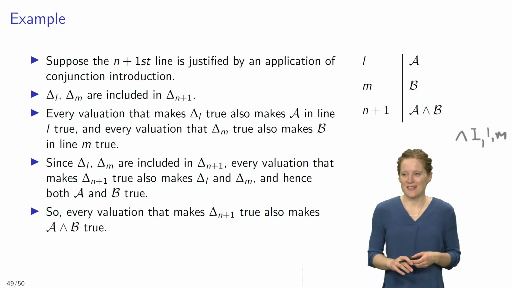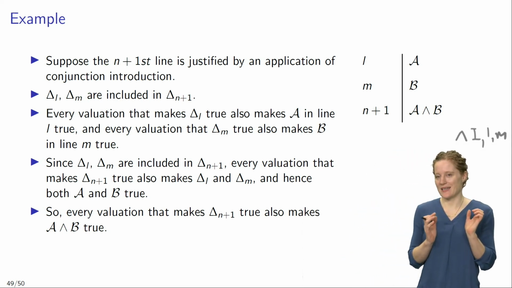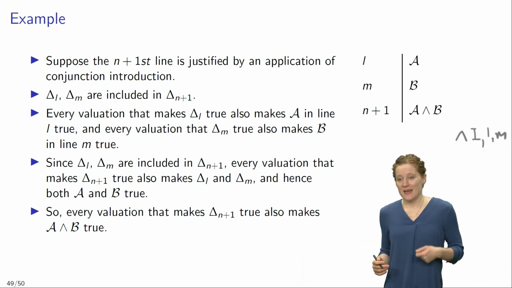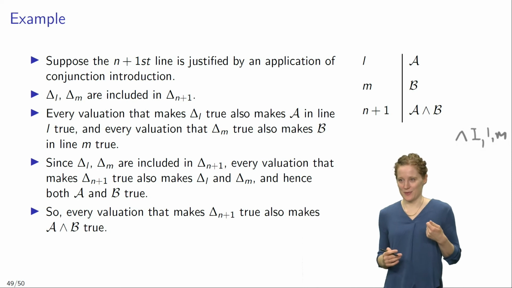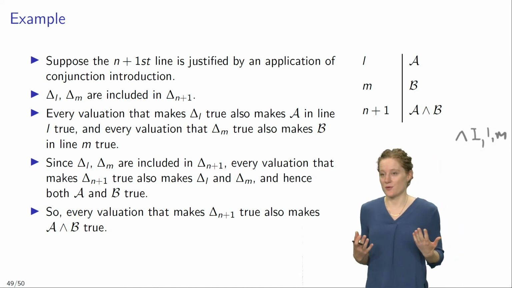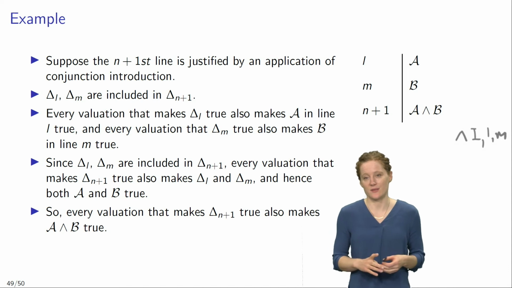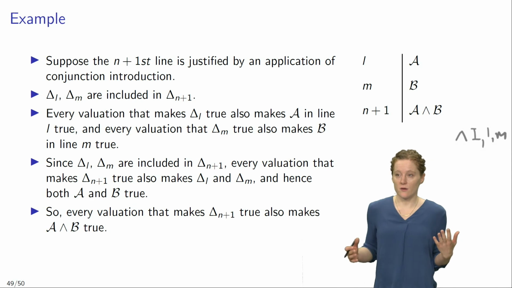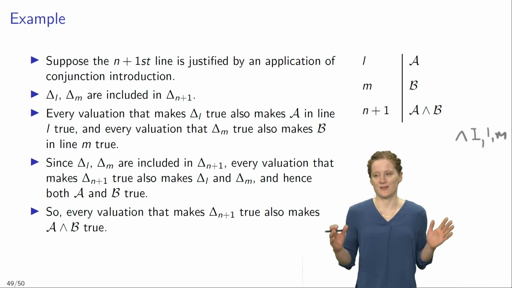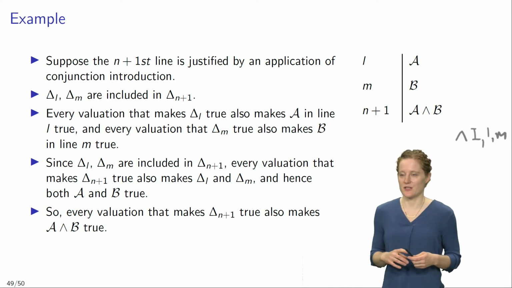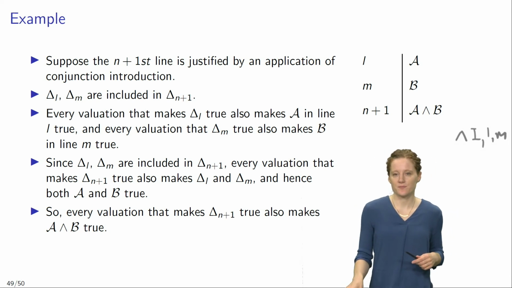We have shown that if proofs up until length n are proofs of tautologically valid arguments, and if we add another line to such a proof, the n plus first line, and that line is justified by conjunction introduction, then the thus extended proof is a proof of a tautologically valid argument again. Now, to complete the soundness proof, we would need to look at all the other inference rules as well, but we are not going to do that in this lecture, and instead leave it as an exercise that we are going to talk about during our class meetings.